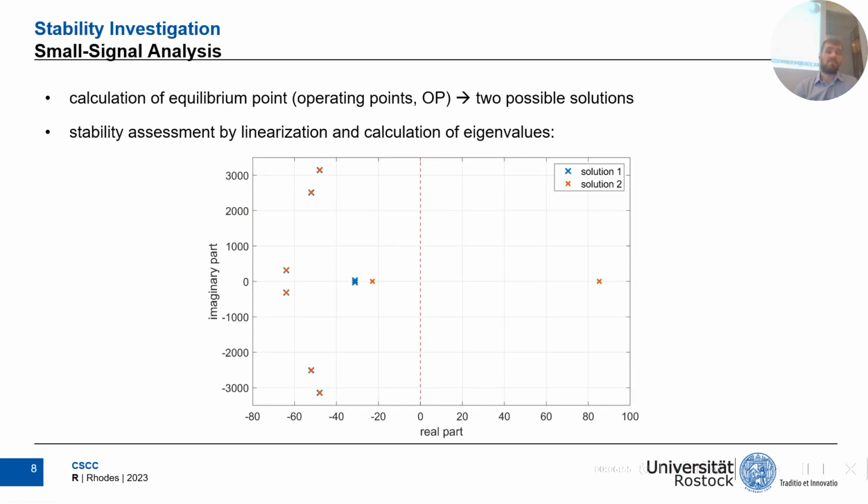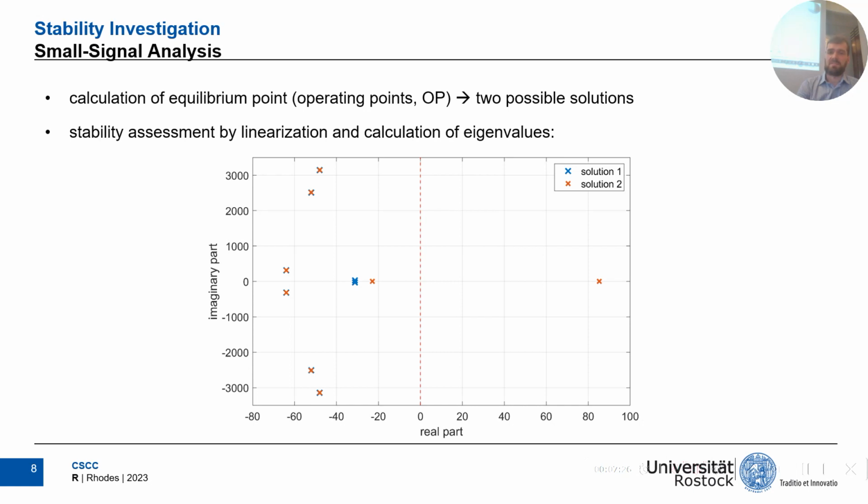Okay, now we can conduct some stability analysis, at first for the small signal case. Small signal case means we are only concerned with specific equilibrium points or operating points. We first have to calculate them, and there we find that there are actually two possible solutions. So we conducted a linearization in those two operating points and calculated the eigenvalues, and they are shown here in this graph.